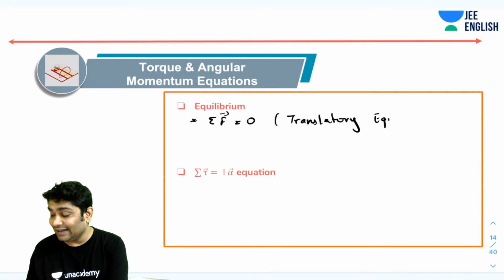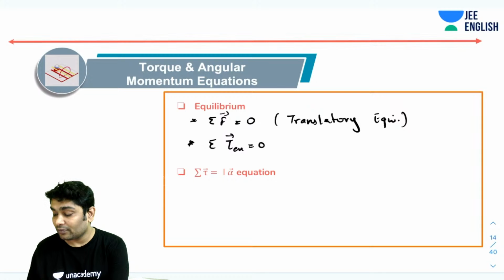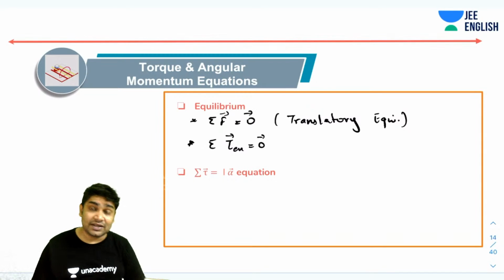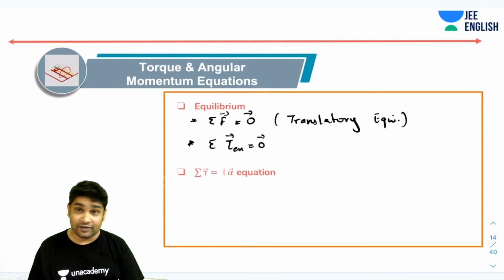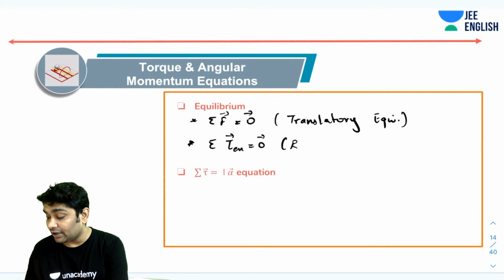And the second part is that the summation of all external torques is also zero about any point. These are the two equations that you can write and solve any problem where an equilibrium condition has been given. This ensures rotatory equilibrium.